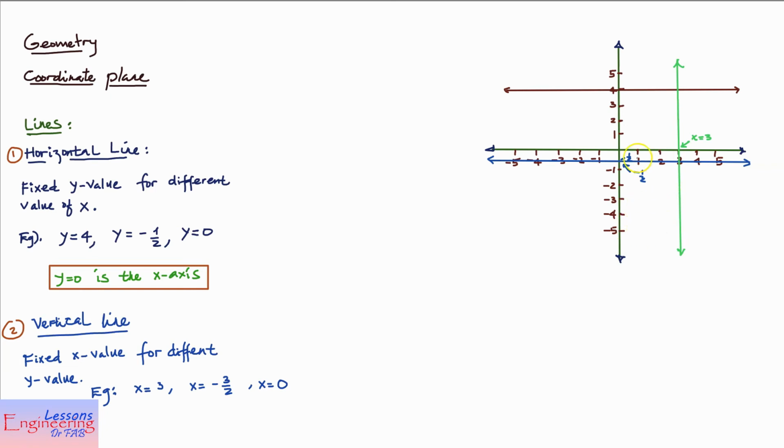In the same way, the second example, x equals -3/2, is halfway between -1 and -2, so it must be this line here.